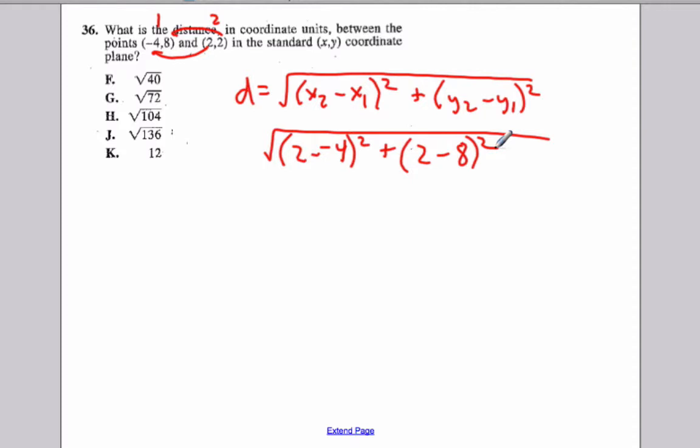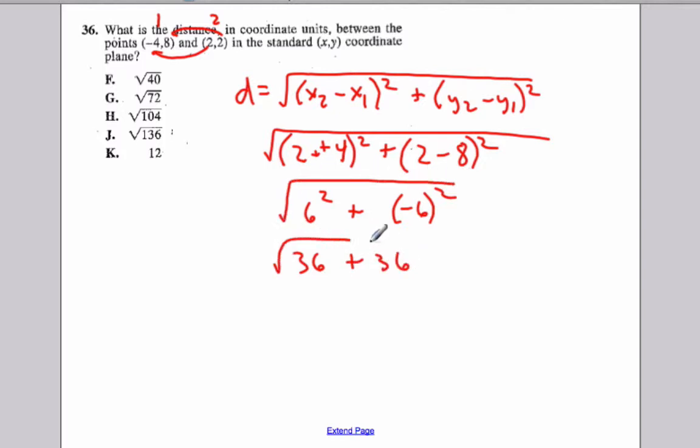Looking at 2 minus negative 4, double negative makes it positive, so that becomes 6 squared plus 2 minus 8 is going to be negative 6 squared, which is 36 plus 36, and of course you're carrying the square root down with you, which gives you a total of a square root of 72. So your answer for this one is going to be G.